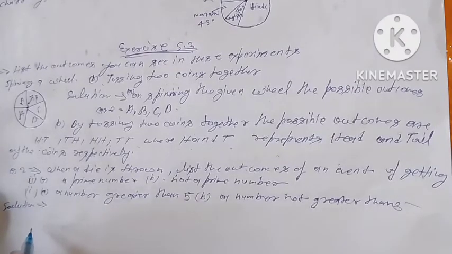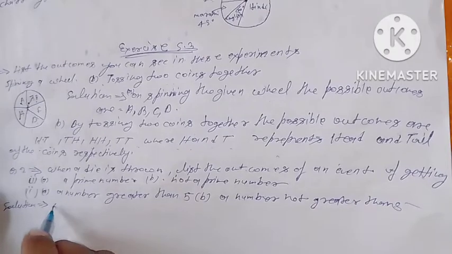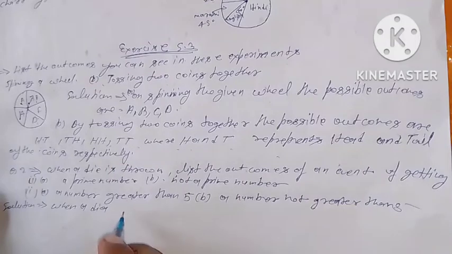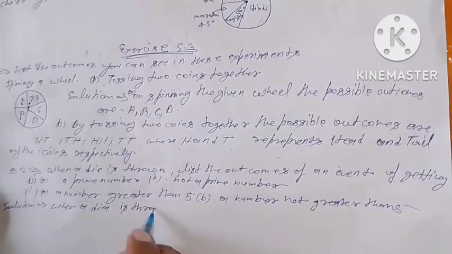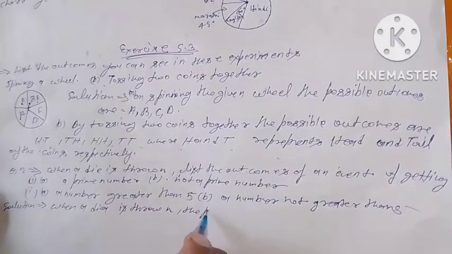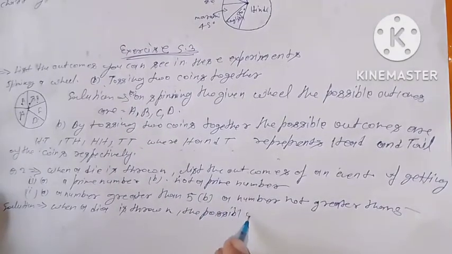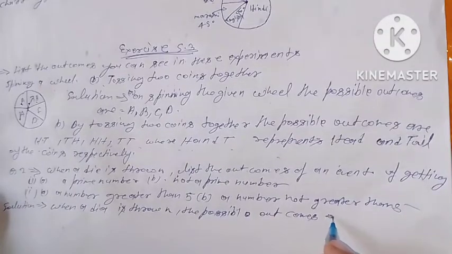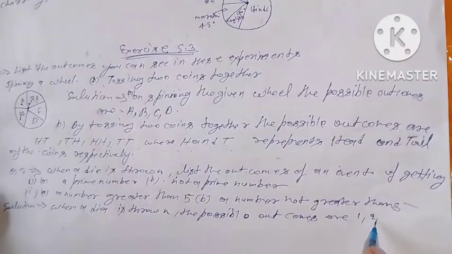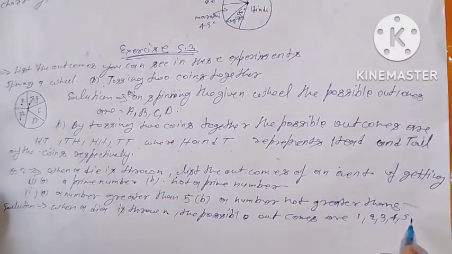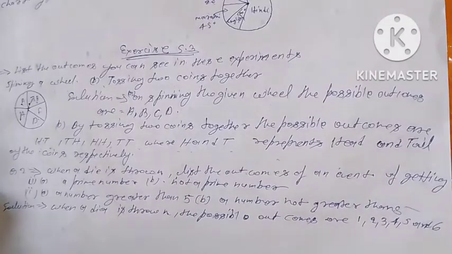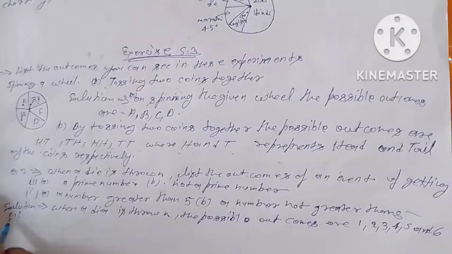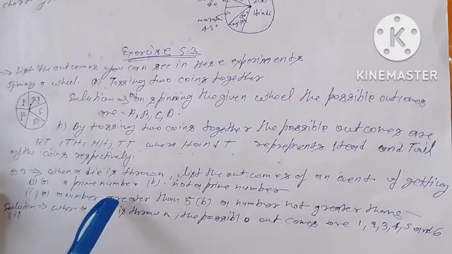When a die is thrown, the possible outcomes are 1, 2, 3, 4, 5, and 6, because there are a total of 6 faces on a die. First question, a prime number.